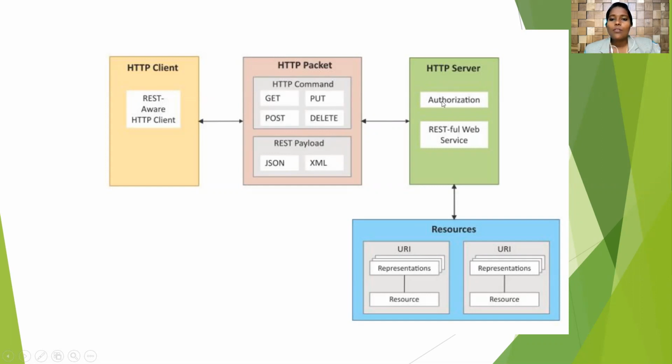Now the server authorizes: it sees the HTTP packet and verifies what information it needs and where that information is present. Then after authentication, the HTTP server retrieves the data from the resources and gives that to the client as an HTTP packet. So this is the architecture of REST-based communication.